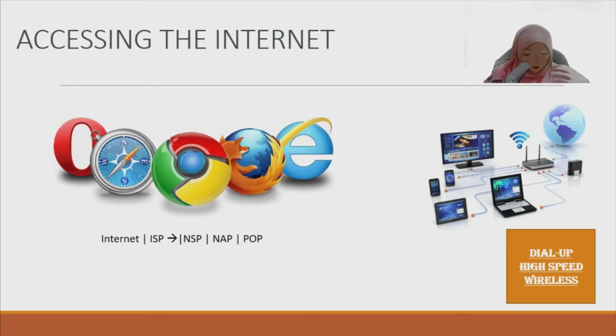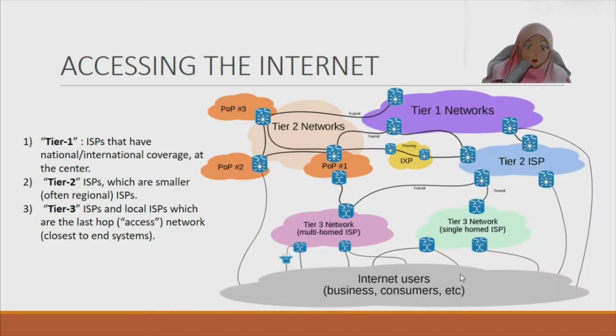Based on the internet access structure, we have tier 1, tier 2, and tier 3. Tier 1 is the ISP that has national or international coverage at the center, and it directly connects to the end device.